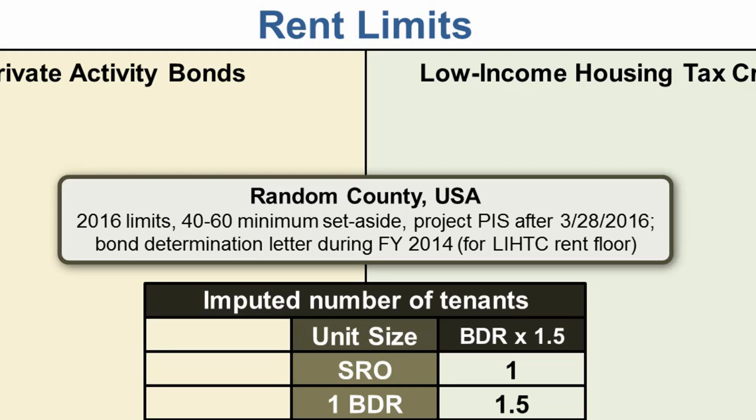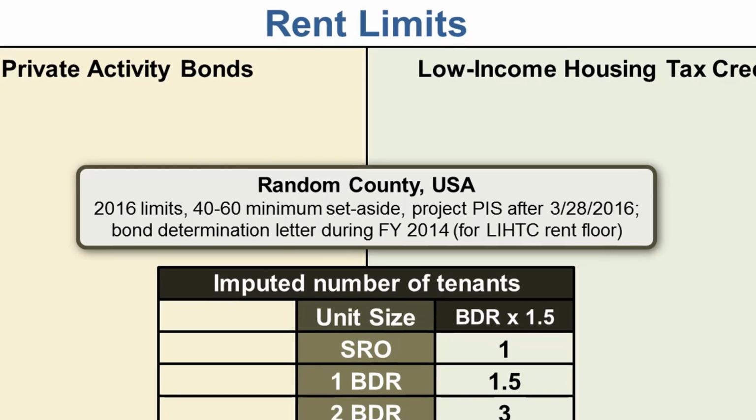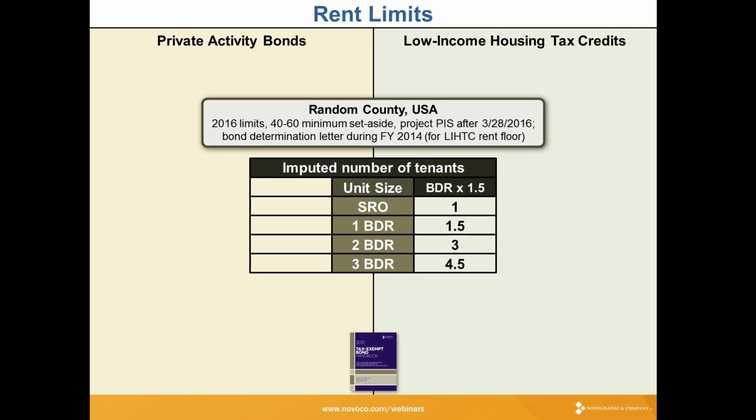So the program says that you can look back to your bond determination letter in 2014 for your LIHTC rent floor. So your rent limits as published by HUD corresponding to all of these factors, let's assume it's $844 per month, $904 per month, $1,084, and $1,253.